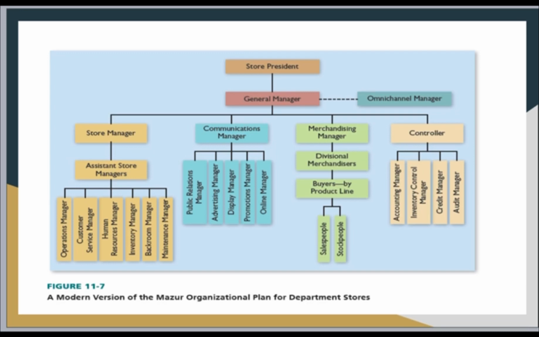This figure shows how departmental stores are organized: there is a store president, general manager, omni channel manager, and under that a store manager, communications manager, merchandising manager, and controller. Under them, based on the functional area, there are different category heads.